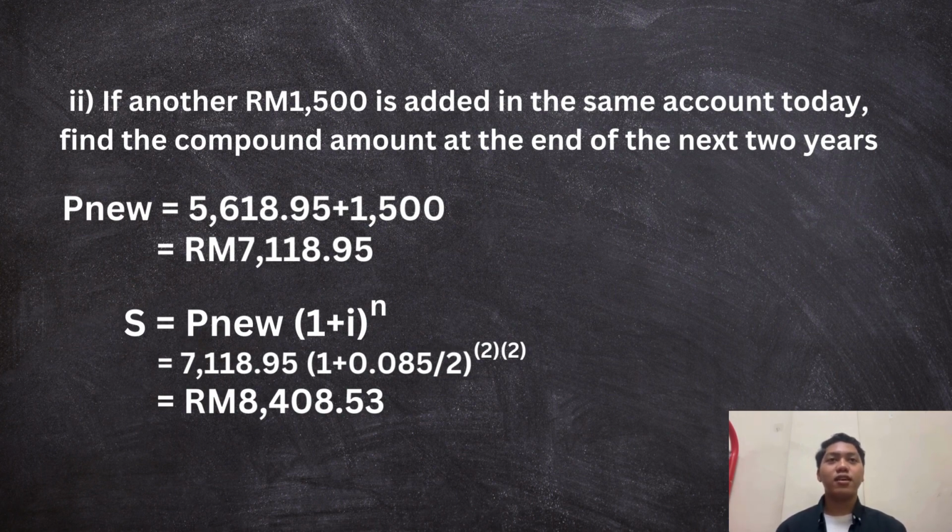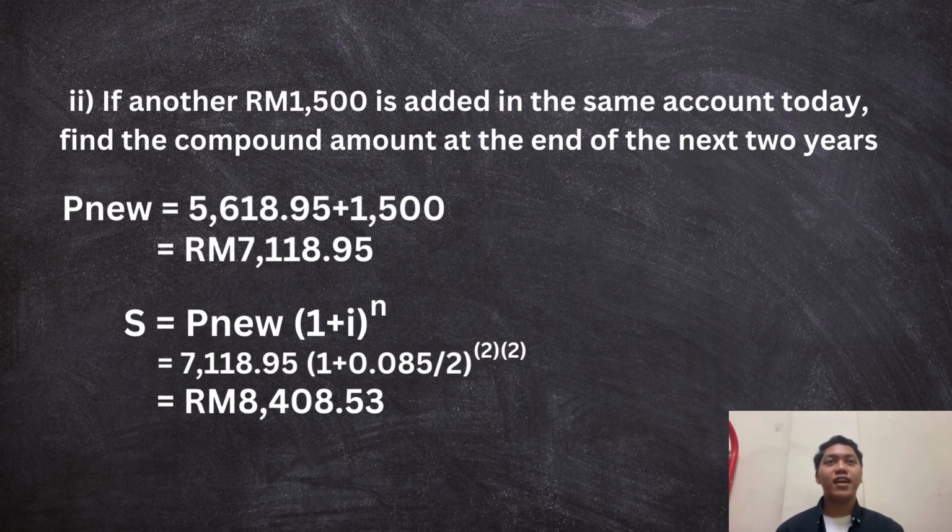So P new equals S, which is 5,618 ringgit and 95 cents, plus 1,500 ringgit, the amount that is added in the same account today. After that, we calculate and get P new, which equals 7,118 ringgit and 95 cents.